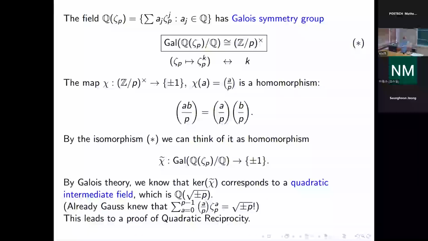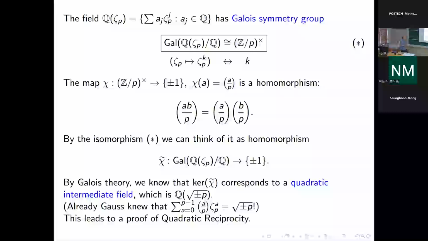And already Gauss knew what this was, because he knew how to get a square root of p, or maybe negative p, using the pth roots of unity. So it's either Q adjoin the square root of positive p or negative p, depending on whether p is 1 or 3 modulo 4. So there's a precise answer for what this quadratic intermediate field is.